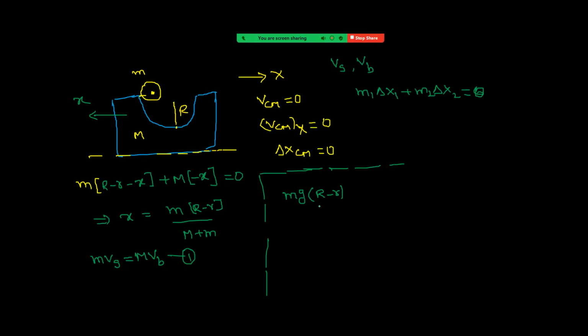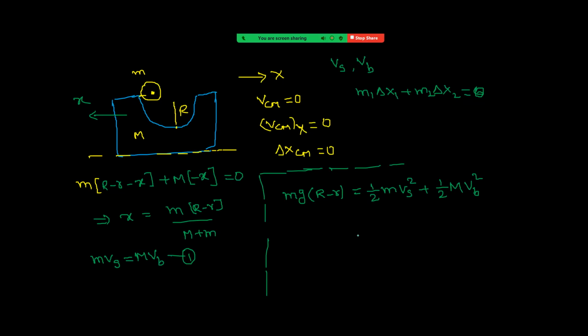This is converting into kinetic energy for both the cylinder and the block. So I'm writing half the mass of the cylinder into Vs square plus half the mass of the block into Vb square. Now we want the velocity of the block.